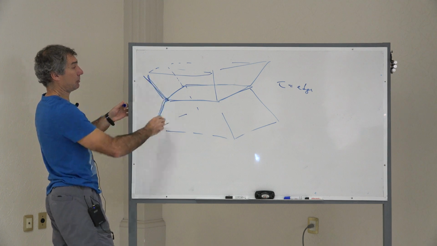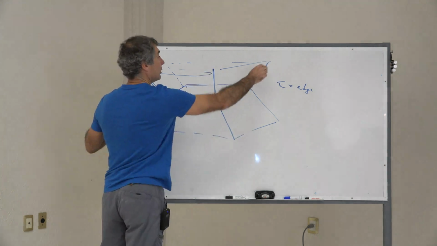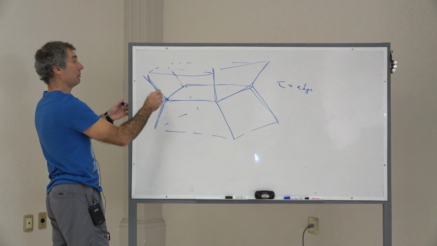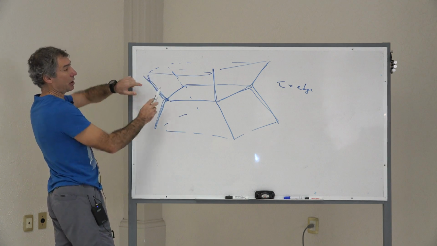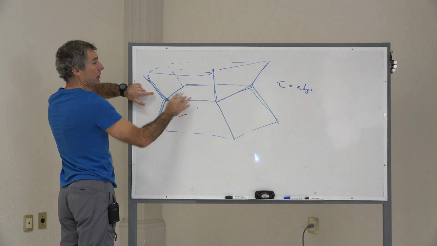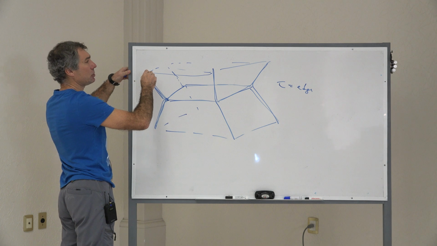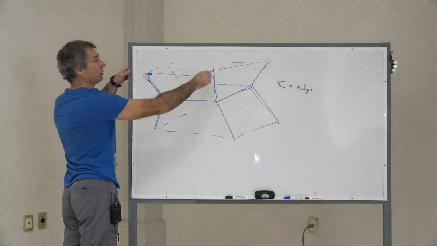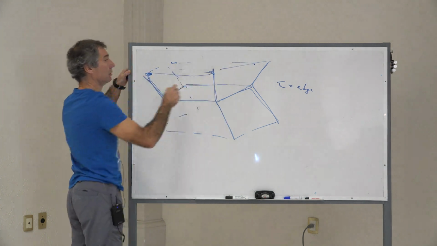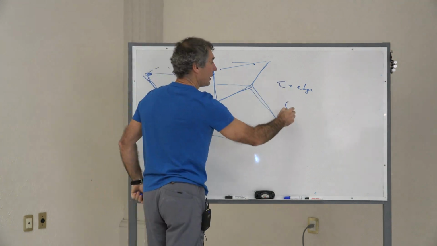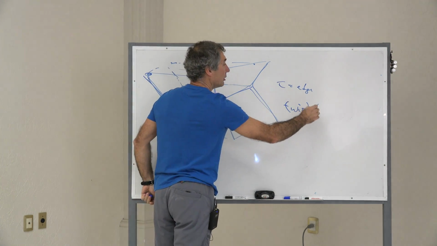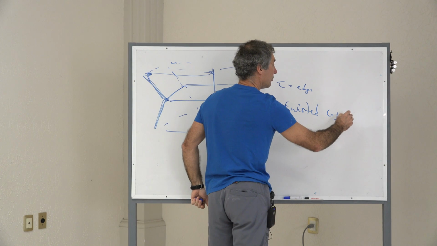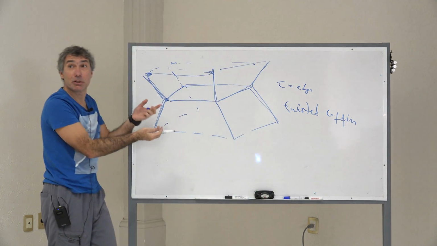So this is the fiber here, this is the fiber here, this is the fiber here, and the fiber there. And then as I move along my surface, I interpolate between this point and this point, and this point and that point. So I have a name, I don't know if it's a good name, twisted coffin. That's what it looks like.